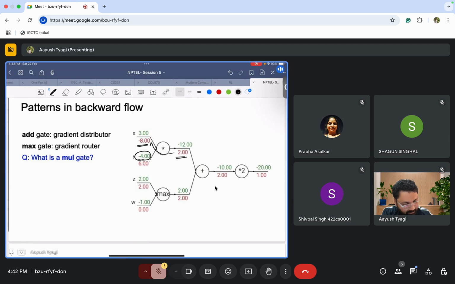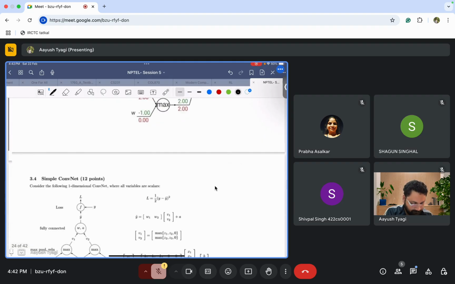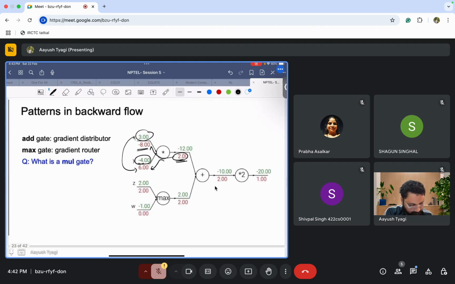Whereas when I'm moving in this branch, I'll just multiply 2 with this value. You have the gradient of 6. Make sense?